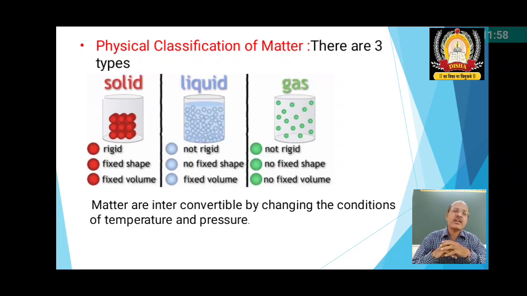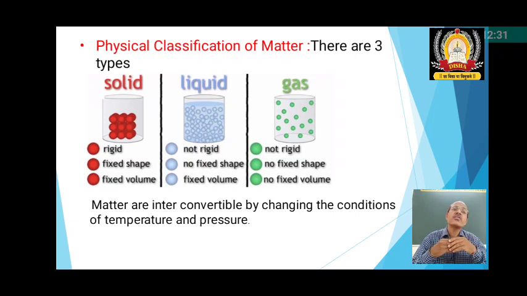And one thing, for example, if you take water, ice below 0 degree Celsius is solid in nature. Below 0 degree Celsius, water exists in the ice state, solid state. But when it is above 0 degree Celsius, you can say it is in the liquid state.